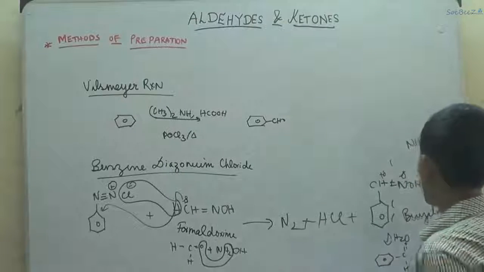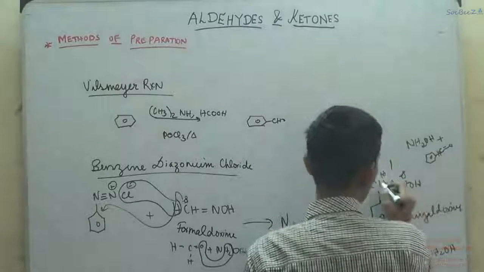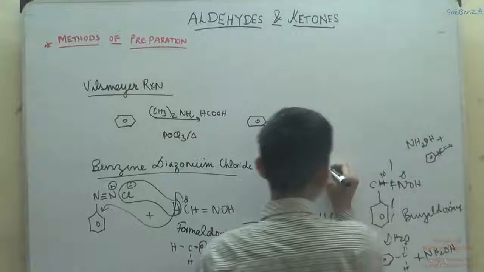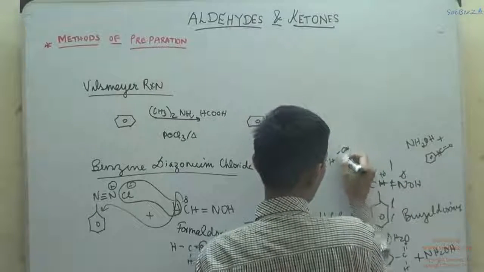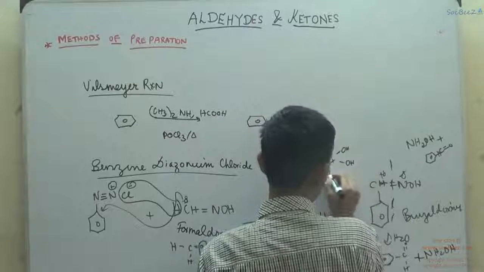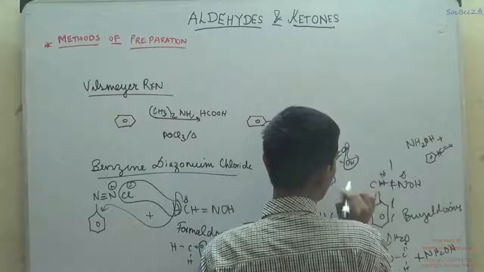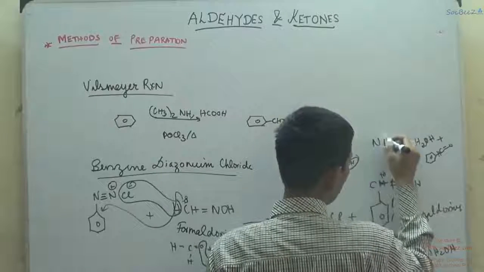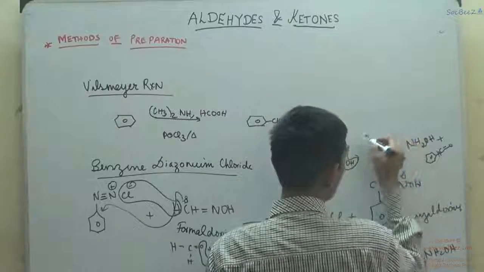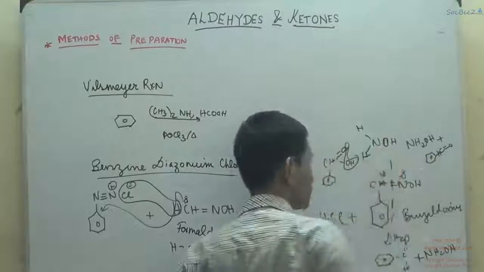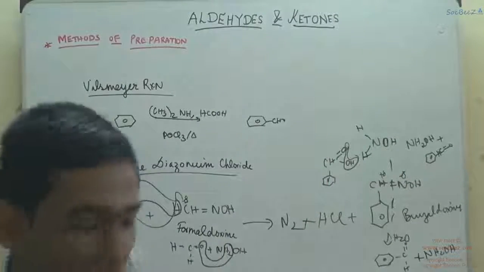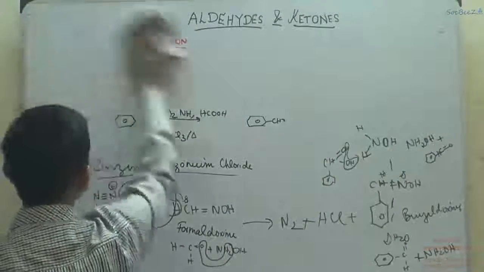I hope it's clear. OH gets attached here, so you'll have two OH, so remove the water molecule, so you'll get the aldehyde here. You have NOH, H gets attached, so you have NH2OH. So that's the end of methods of preparation.